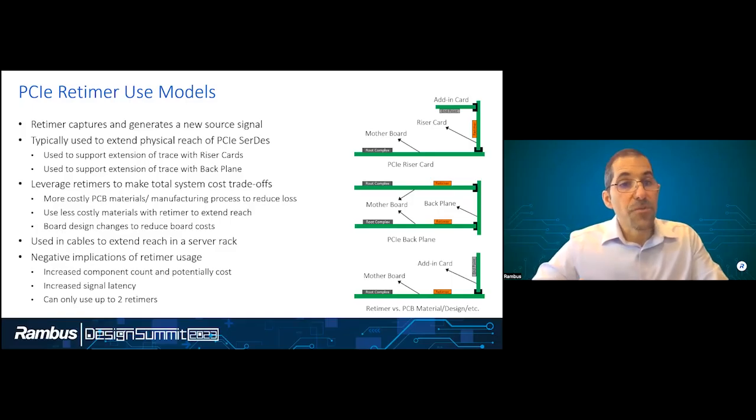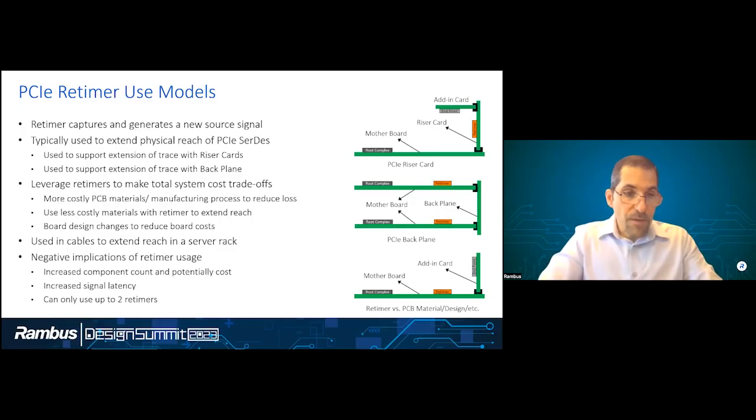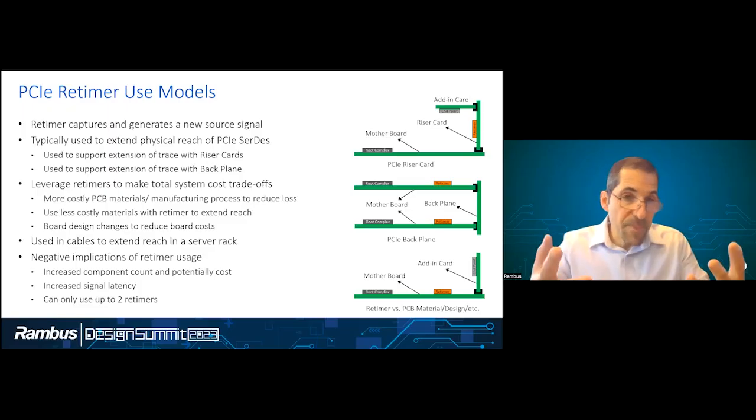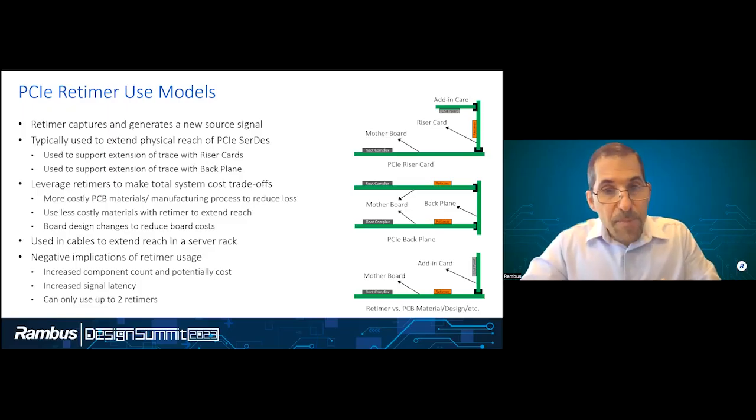What you can use a retimer for, obviously, is if you wanted to use more cost-effective materials and reduce the physical reach, but put a retimer chip in there. So now you're doing a total bill of materials cost, where potentially you could reduce the manufacturing cost of your board and your adding card to a certain degree that you can actually purchase a retimer chip, put it in there, and the total cost would be less, hypothetically speaking.